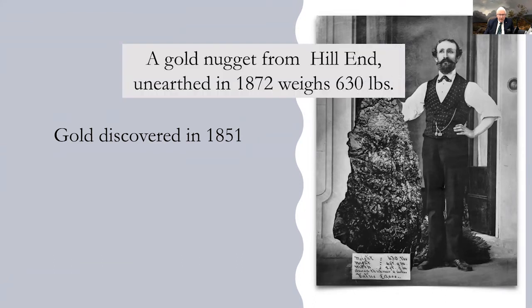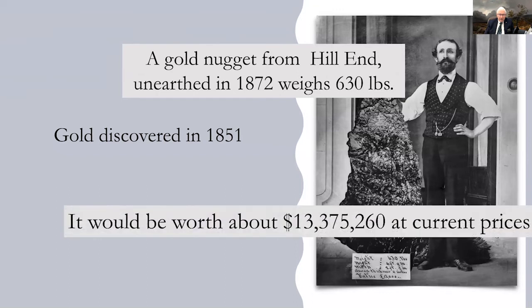But today, that gold nugget at Hill End in 1872 would be worth about $13.3 million at the current price of gold. So that would be the relative value of it at the time. It basically changed the entire economy of Australia.